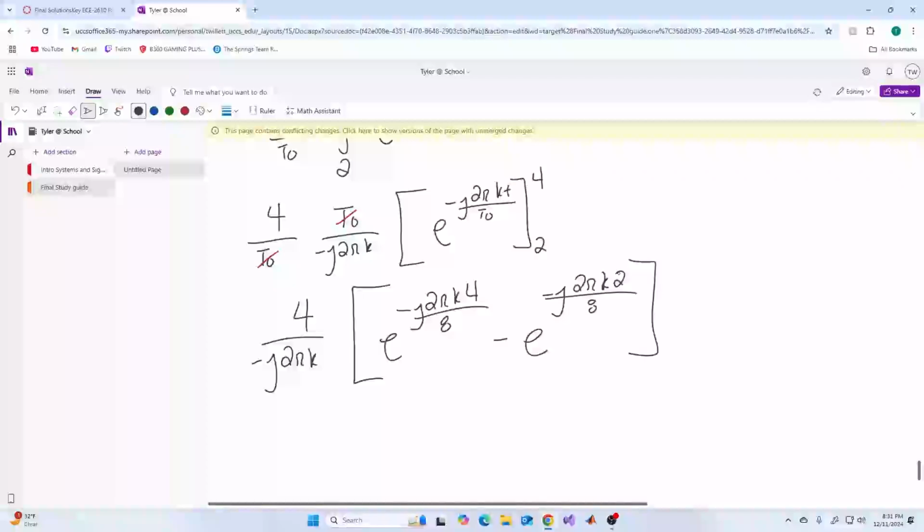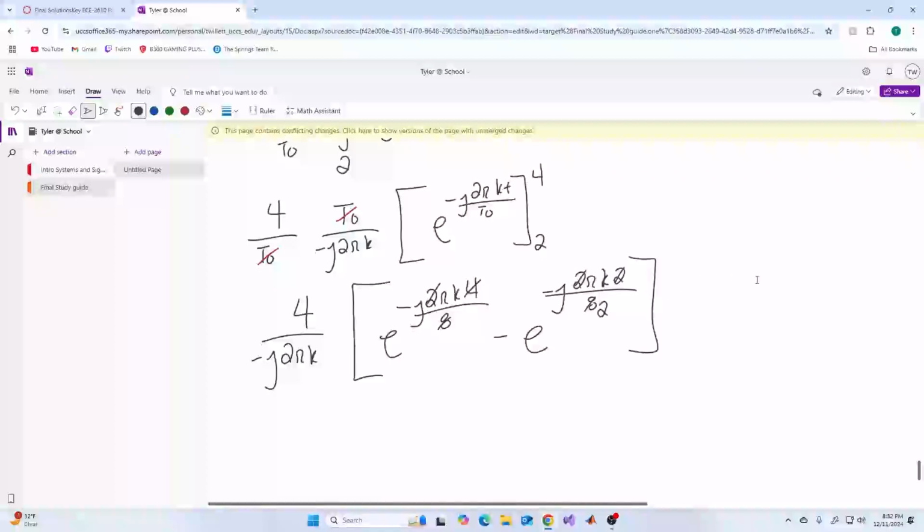Now if you notice, this, and this will cancel out. This, and this will cancel out, and I'm left with 2. Because over here, you have 8 divided by 8. 2 times 4 is 8, so 8 divided by 8 is 1. 2 times 2 is 4. 4 by 8 is a half. So let's rewrite this.